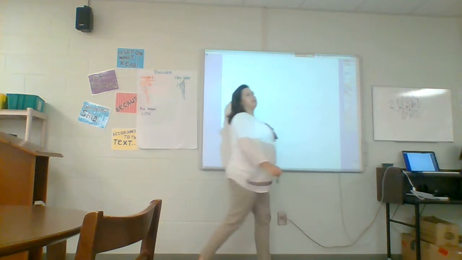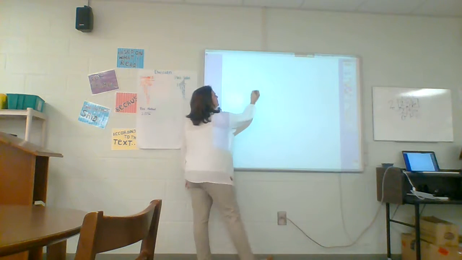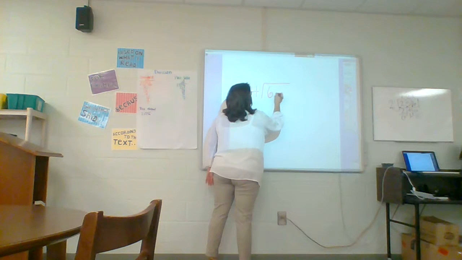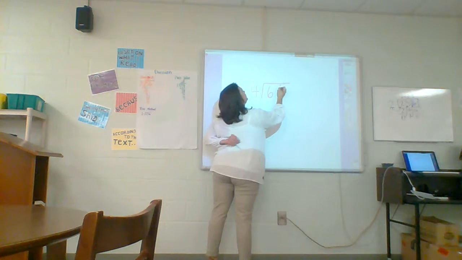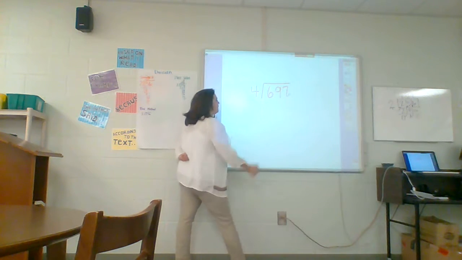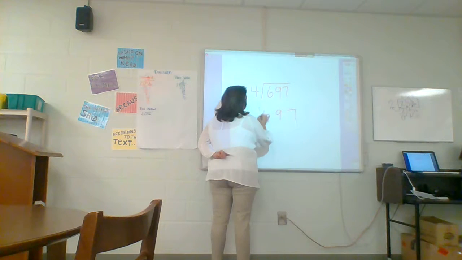All right. I like the box method. Let's try the box method with another number. Let's do 697 divided by 4. Give me a number. 697. Okay. So I'm going to put my 697 in a box.